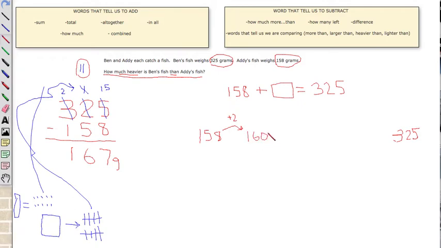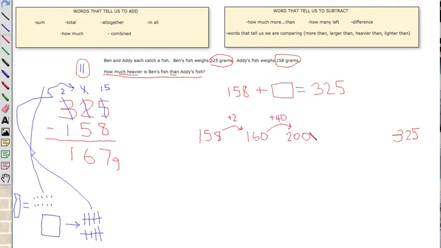Now if I want to go to the next friendly number, I could keep going by 70, 80, 90, and so on. But if I'm at 160, I can probably get myself to 200 by adding tens. Can you think of how many tens I need to add here? Correct, 40. I think I heard somebody say that.